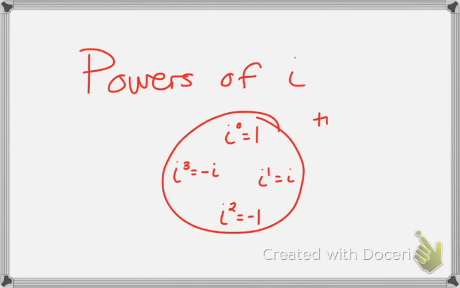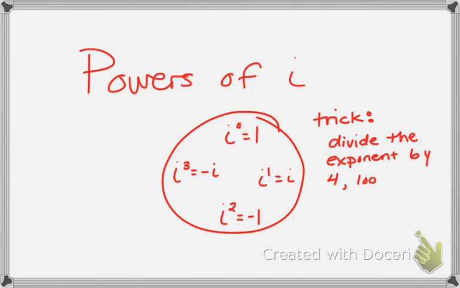And then the trick that I use, because it's less work, is I divide the exponent by 4, and then look at the remainder.